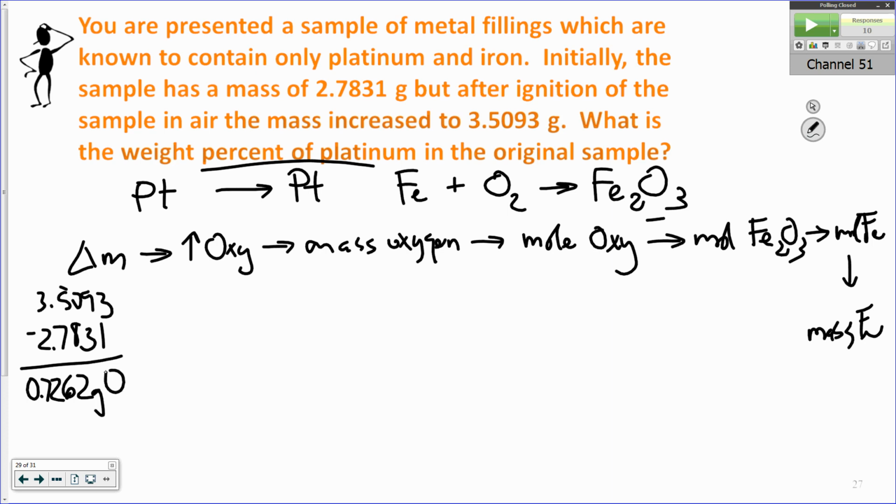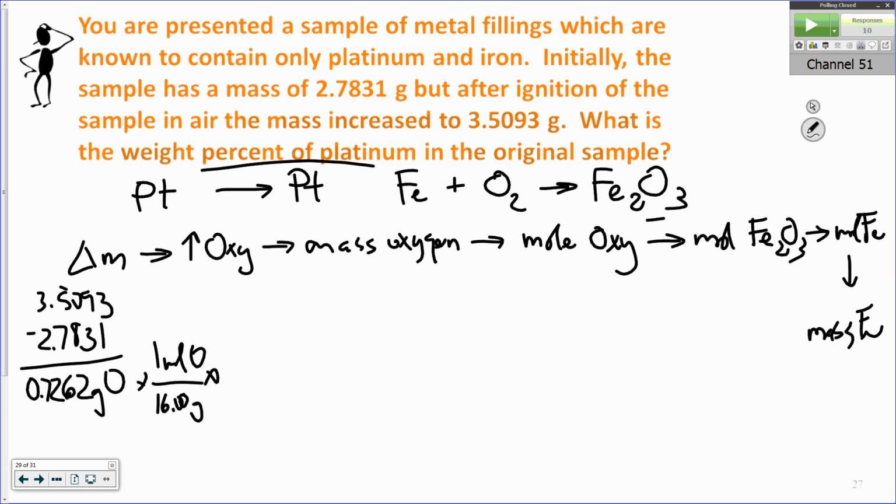All right, so I got 0.7262 grams of oxygen. Now I'm going to take the grams of oxygen. There are 16 grams of oxygen for 1 mole of oxygen.